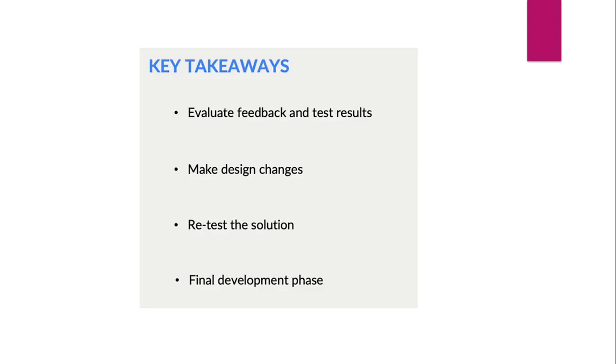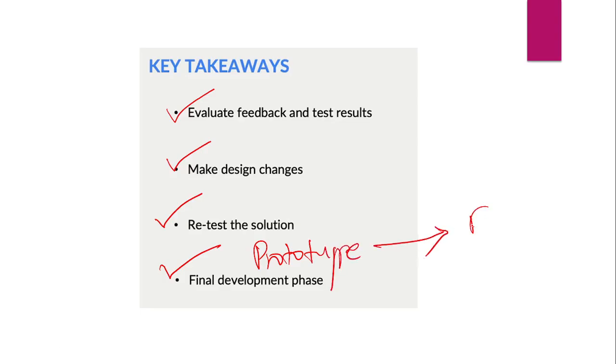Here you can understand how to evaluate the feedback and test results, make design changes, and retest the solutions. Final development phase means the move from prototyping to the final development phase. So here we have done three things.